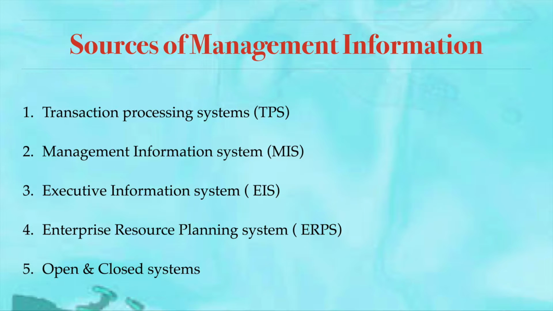Next, understand the sources of management information. What exactly are the sources? The first one is the transaction processing system. This is the recording of the daily routine transactions of the business.